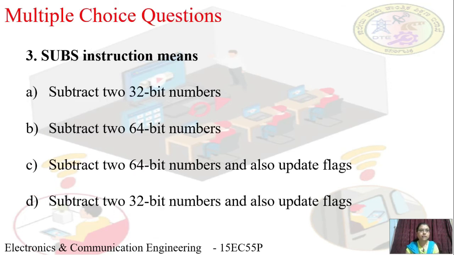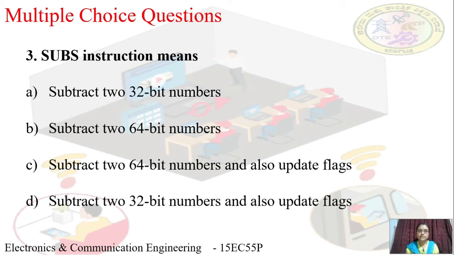Next, the third one: SUBS instruction means. First one, subtract 2 32-bit numbers. Second one, subtract 2 64-bit numbers. Third, subtract 2 64-bit numbers and also update flags. D, subtract 2 32-bit numbers and also update flags.